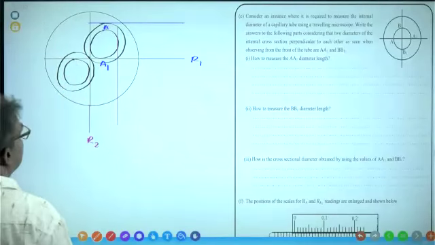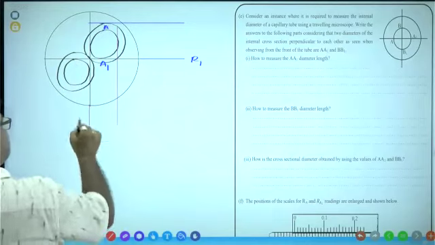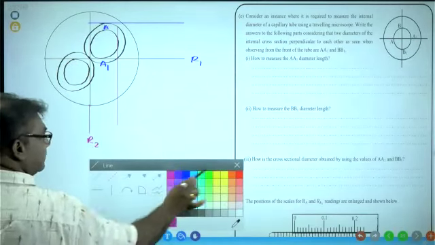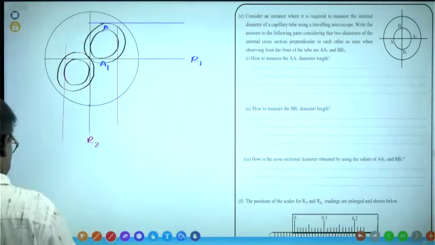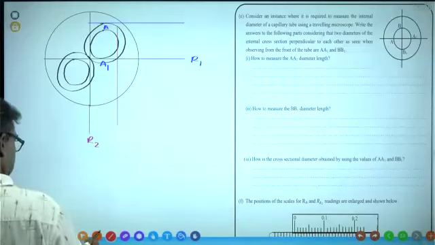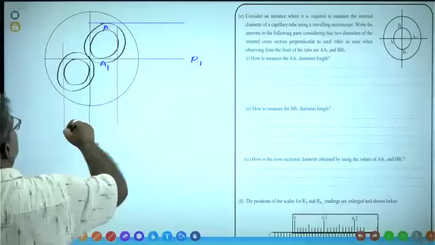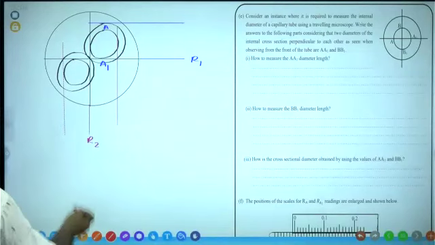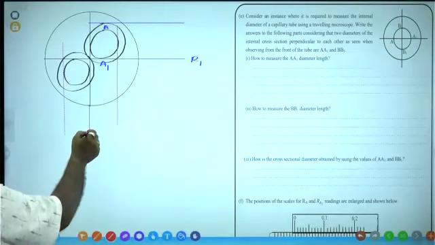Then this line is taken to this point, let it be a broken line. R2 is shifted to this point, and this location is newly read.